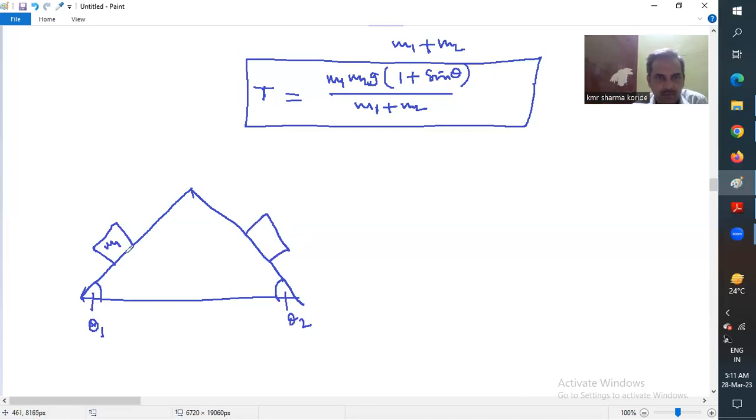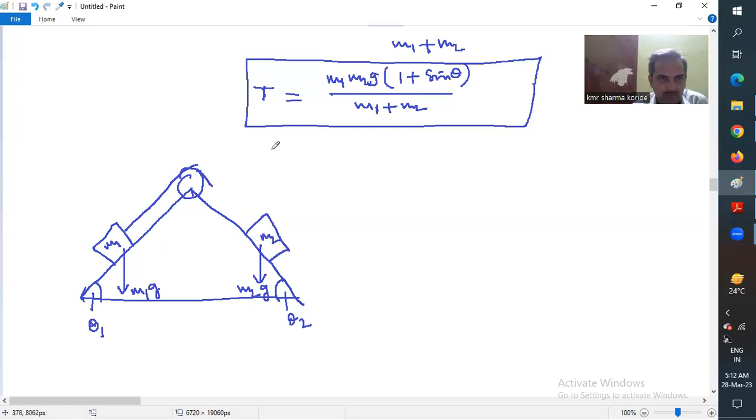First, its weight acts vertically downwards towards the center. Similarly, the weight of the second body also acts vertically downwards towards the center. Now these two are connected by a string which is passing over the pulley. So this is the motion of two blocks on a double inclined plane.